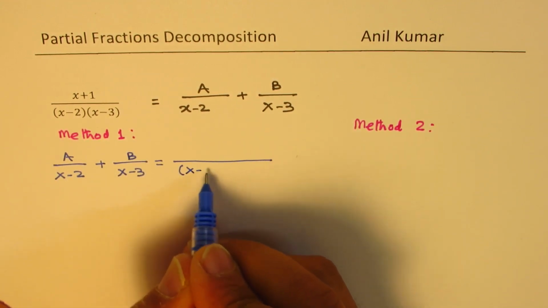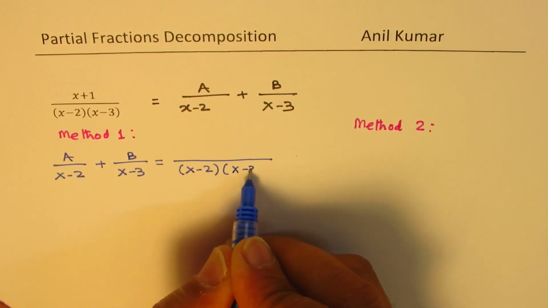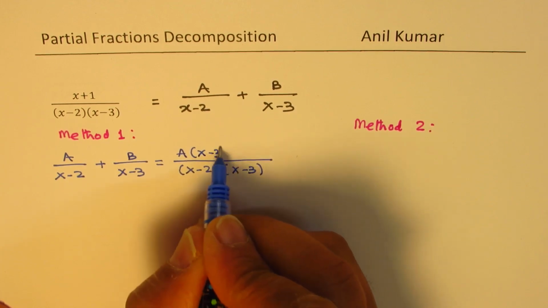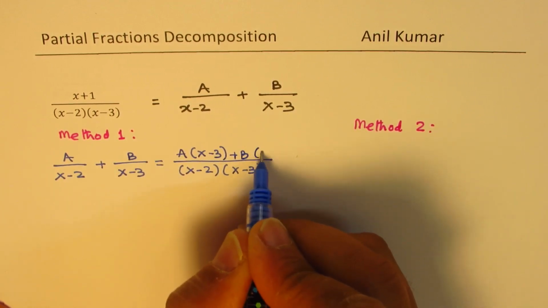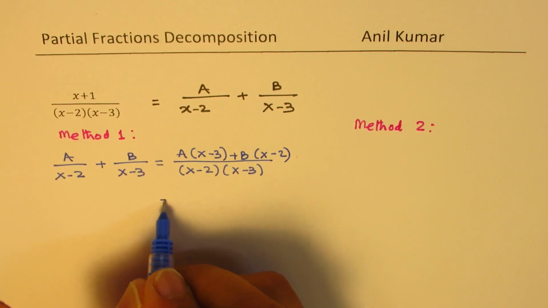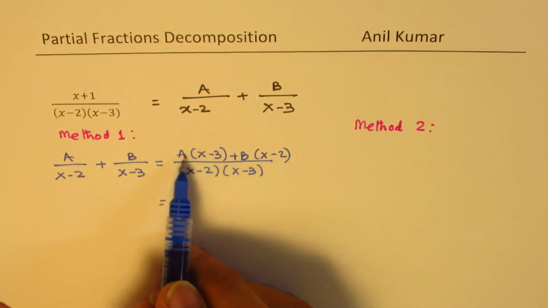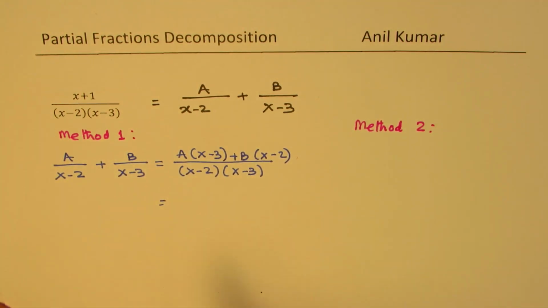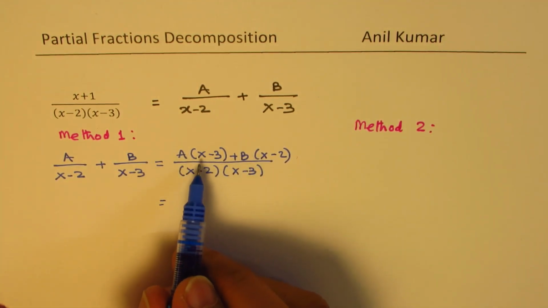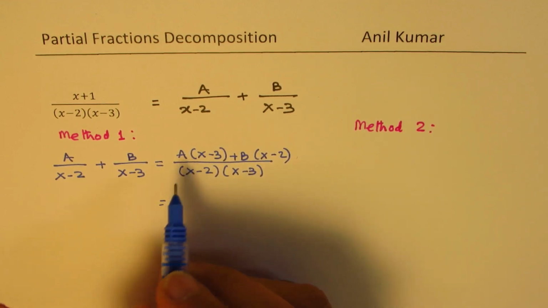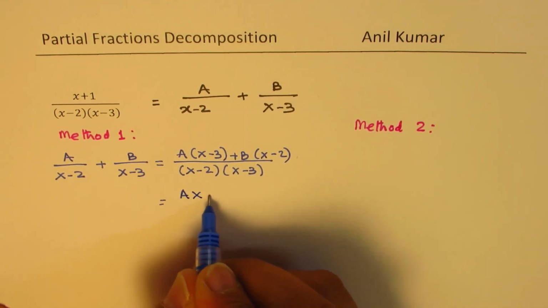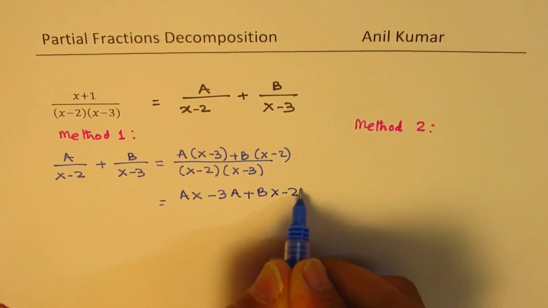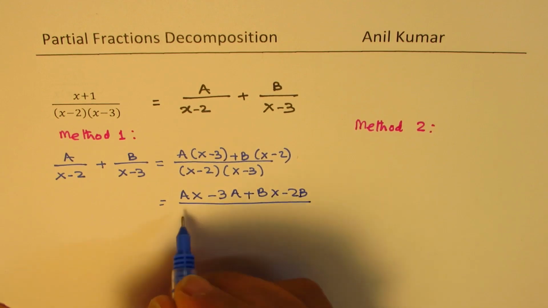So we get here (x minus 2) times (x minus 3), cross multiply, we get a times (x minus 3) plus b times (x minus 2), right? Now we can expand the numerator. So denominators of these two are exactly same, right? So when you expand that, what we get here is ax minus 3a plus bx minus 2b, right, over all this.